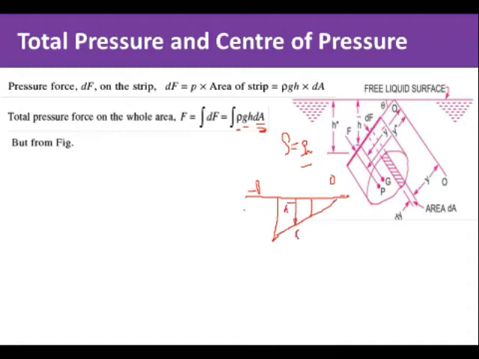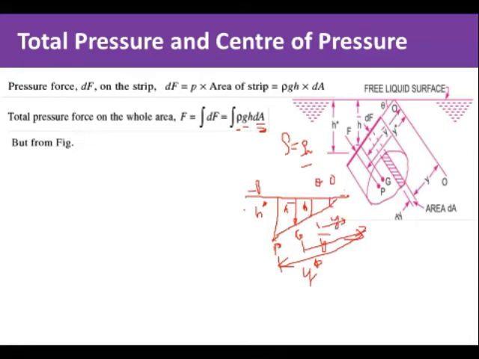This point is G. Suppose this point is the center of pressure P. So this distance is h bar, and suppose this is a strip at a depth h. From point O, this distance is y star, this distance is y bar, and this distance is y, and this angle is theta.